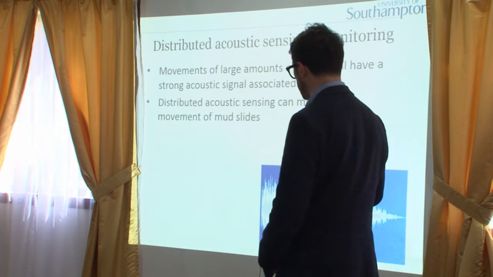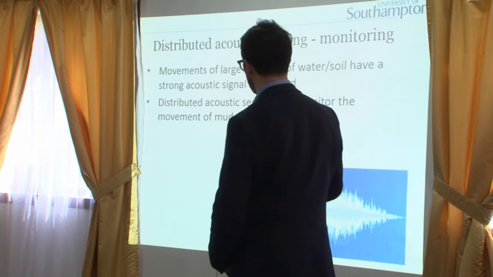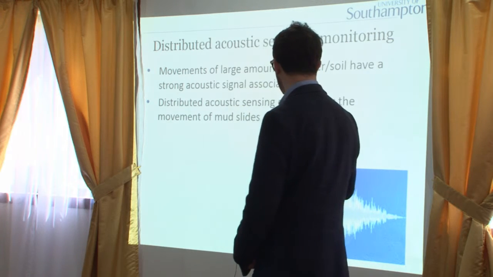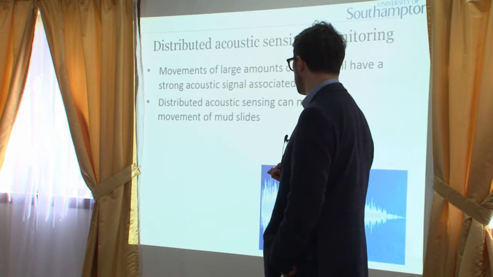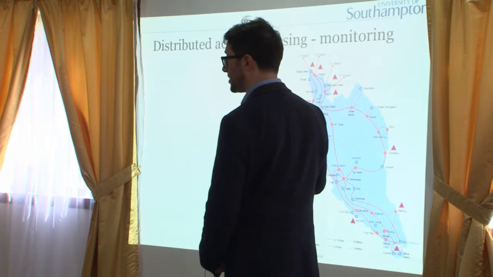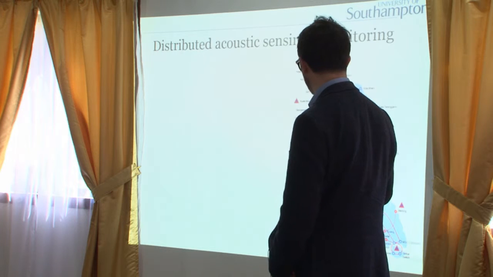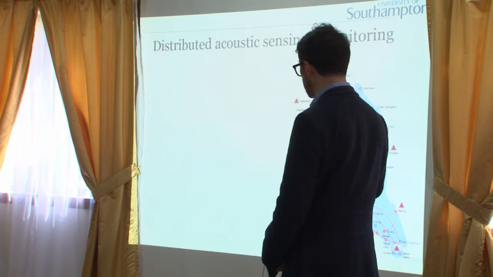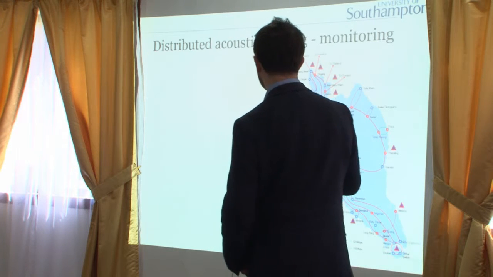So we will be able to determine whether we have just one drop or a significant change. This could be used as an early warning system, like for example the one for the tsunami. And it's interesting because in Malaysia you already have a system of optical fibers in the soil. So using these as sensors might be a good idea.